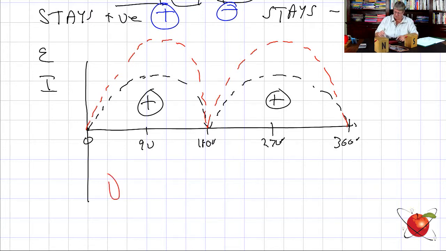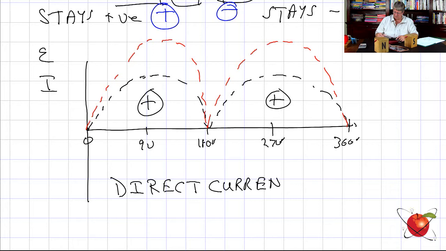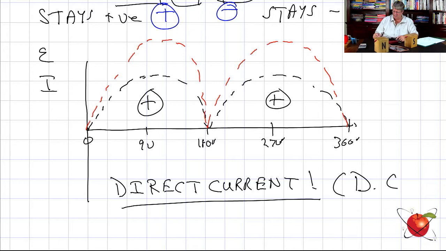This one is our direct current, aka DC. Some countries use AC, which is the previous one, and some countries use DC.